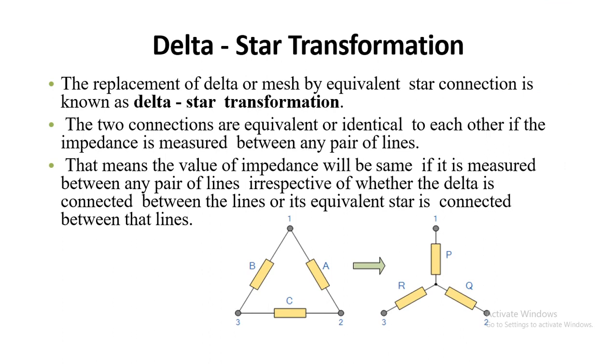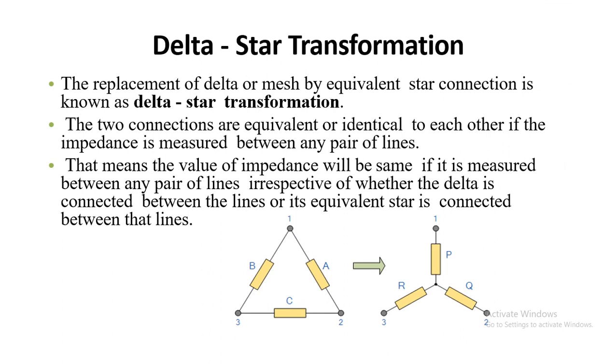Otherwise it's very complex to calculate the voltage across the resistance or current flowing through the resistances which are connected in delta manner, and having a larger number of resistances connected in series and parallel combination. That is to say, if there is a complex network, we have to use the delta to star transformation or star to delta transformation for simple calculation.